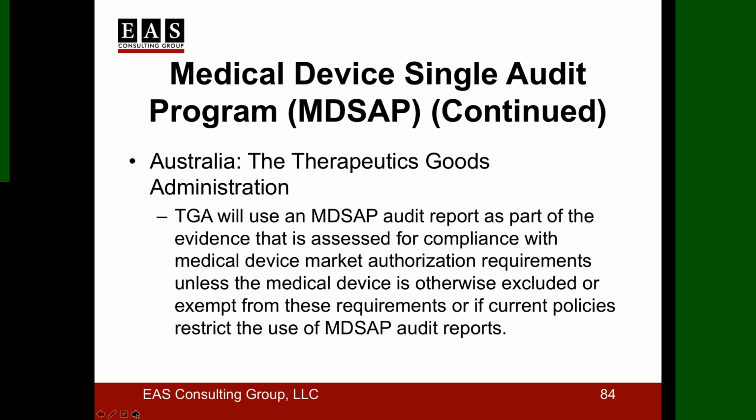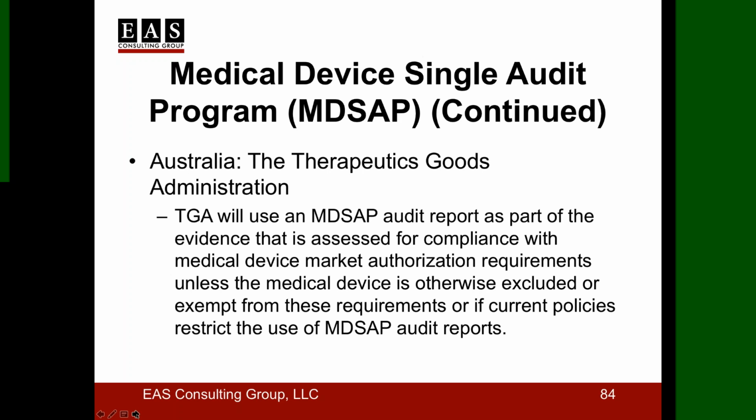So again, what this is, it's looking at ISO 13485. That's the international requirement similar to FDA's, which is 21 CFR 820, which is basically the GMPs for medical devices.